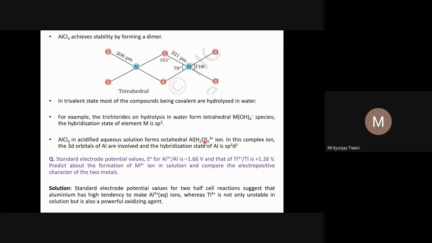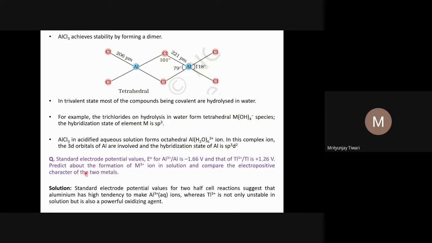So it needs extra empty orbitals, and we know that for the third period we have additional 3d vacant orbitals. So aluminium uses those vacant d orbitals as well. The hybridization of aluminium in this complex will be sp3d2, meaning the d orbitals are also taking part in this hybridization, and those orbitals will be available for forming this compound.